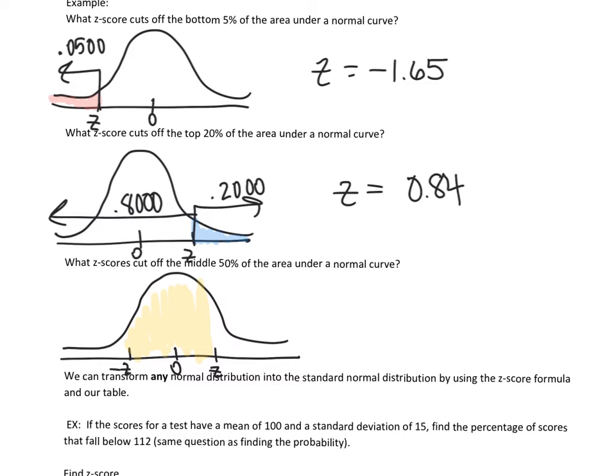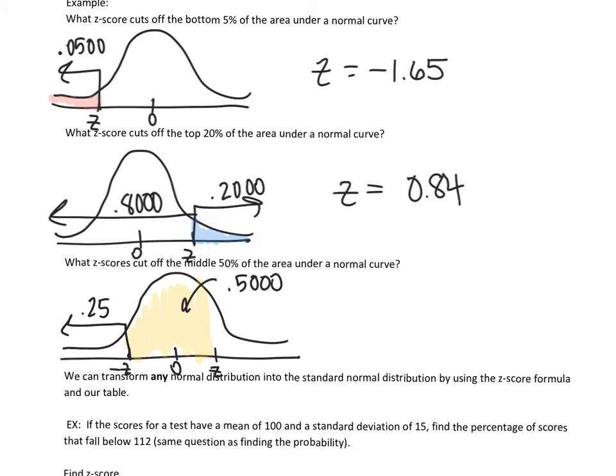So what that tells me is, remember, in order to find a middle, we subtract the upper and the lower. So it means that I have to take, this is 0.5000. My below is going to be 0.25, because the only way we're going to get the middle 50% is if we're taking the upper 25 and the lower 25, and that gives us the middle.